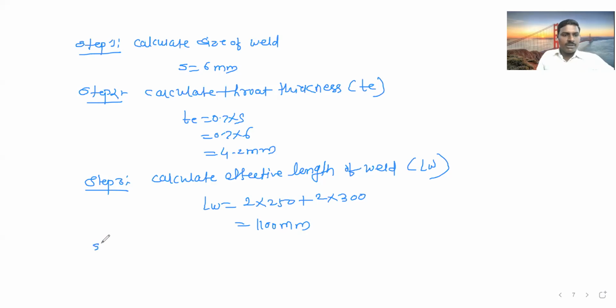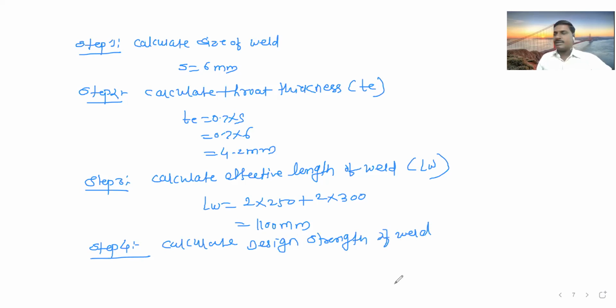So that is the step number 3. Now step number 4. Calculate design strength of the weld. So again, a fillet weld is there. So write down the formula again. Fu into Lw into T divided by under root of 3 gamma Mw.